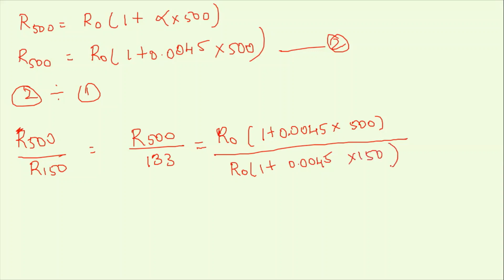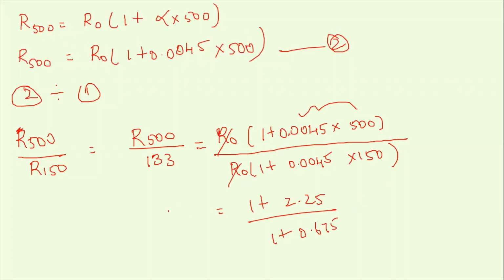R0 and R0 will get cancelled. When you multiply, you will get 2.25, so you get (1 plus 2.25) divided by (1 plus 0.675).